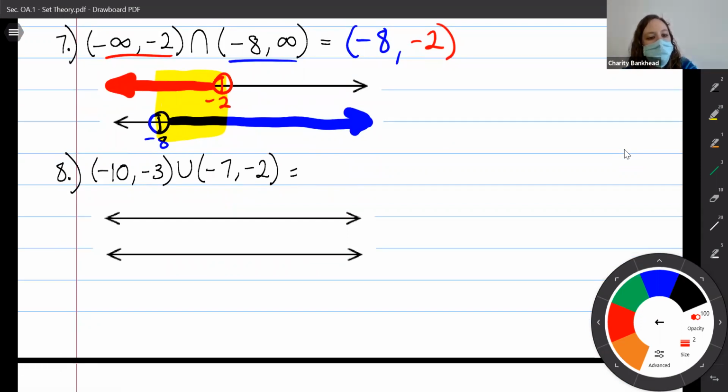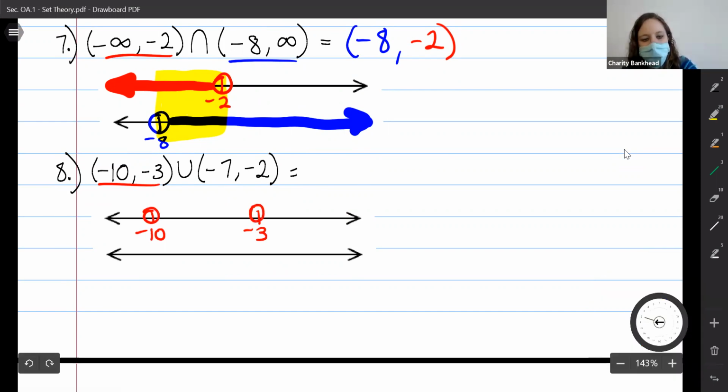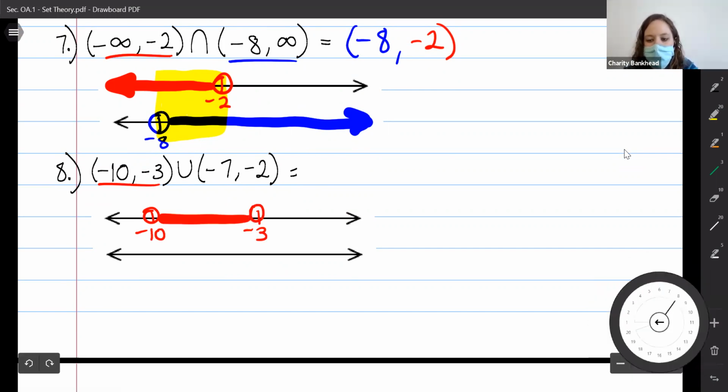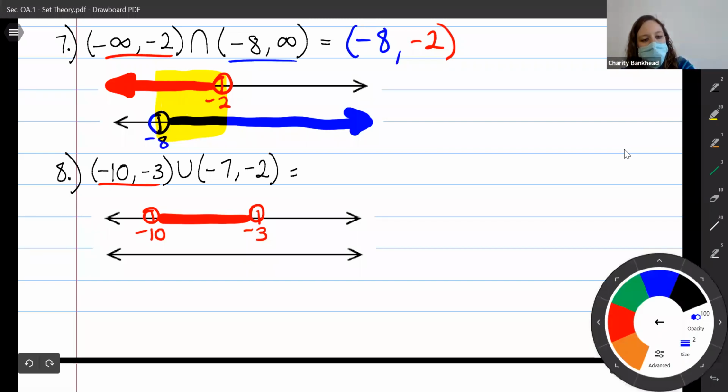Number 8, we have negative 10 to negative 3, the open circles, shade the middle of that. And then negative 7 is in between those two, and negative 2 would be over here because it's bigger.